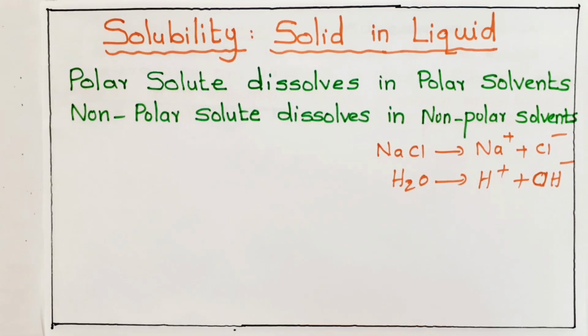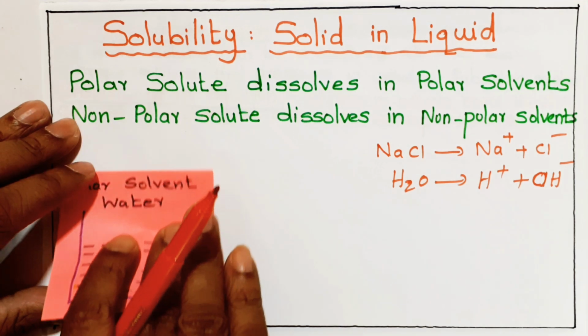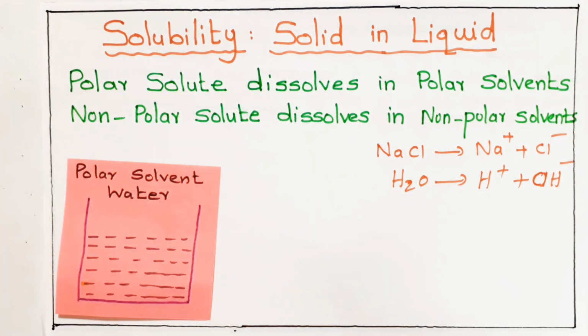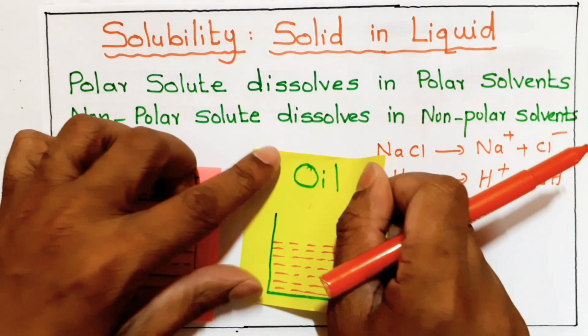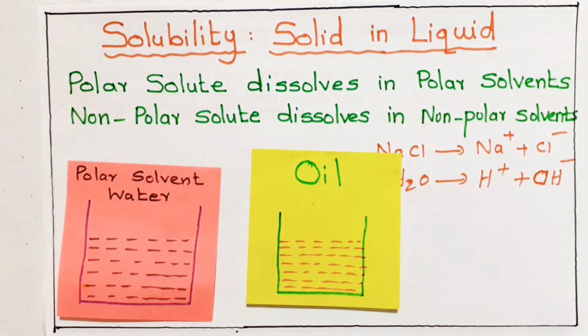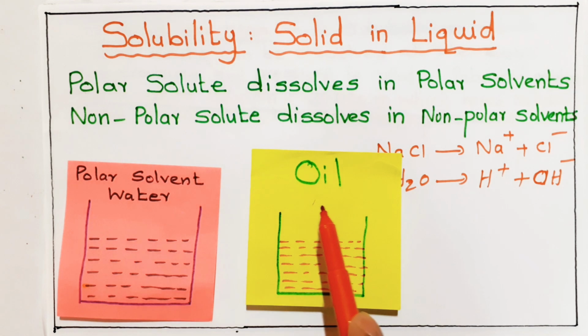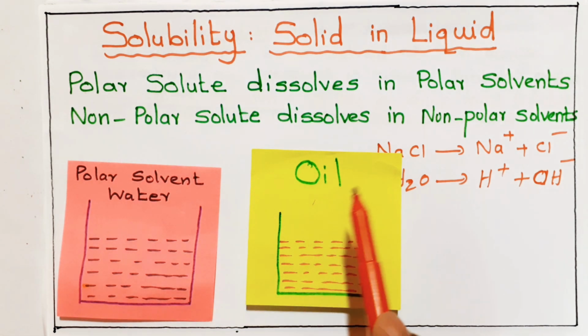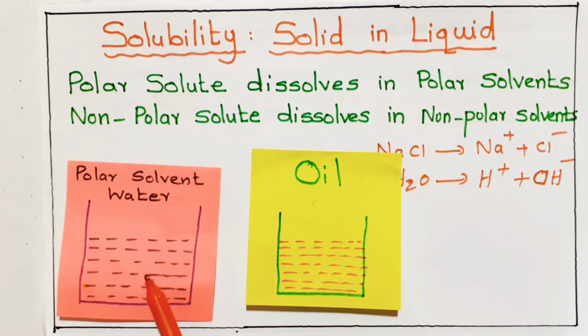I'll take water as my solvent and oil as my solute. I will add this oil into this water. We can see that oil did not get dissolved into this water.